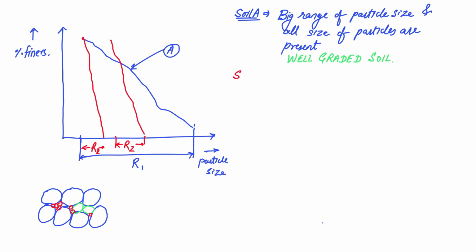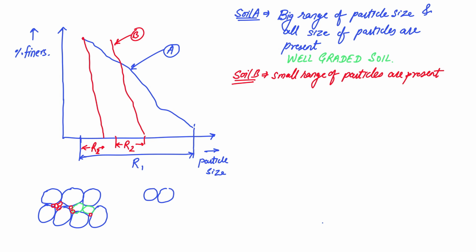Let us suppose that this particular soil is your soil B. For soil B, I can write down that only a small range of particles are present. And if only a small range of particles are present, let us suppose only bigger solids are present. Then what will be the structure of the soil? See, this will be the structure of the soil.